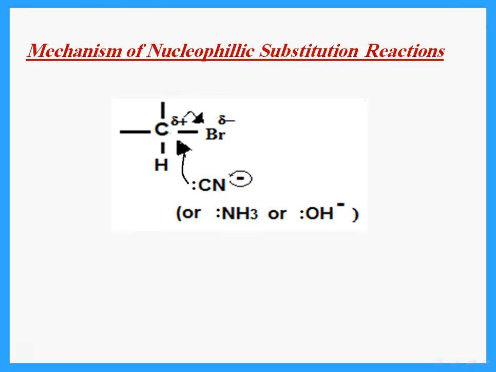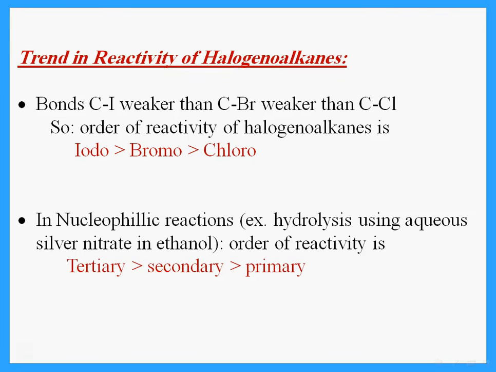Remember that the C-Br bond has dipoles, so the carbon is slightly positive, the Br is slightly negative. So the nucleophile attacks the slightly positive carbon and pushes out the bromine, so it replaces the Br with the cyanide group.